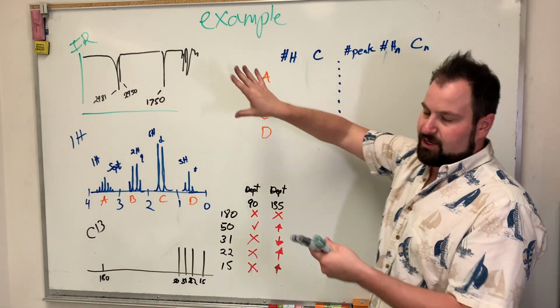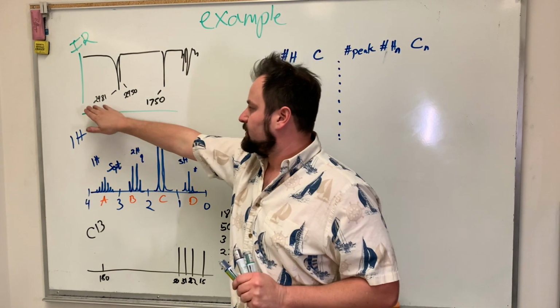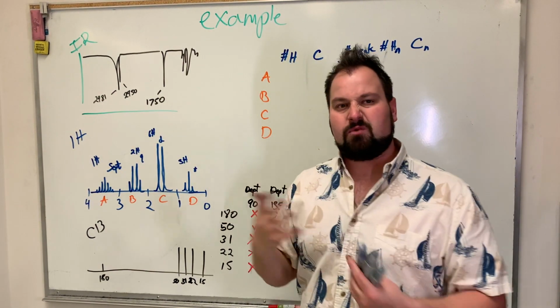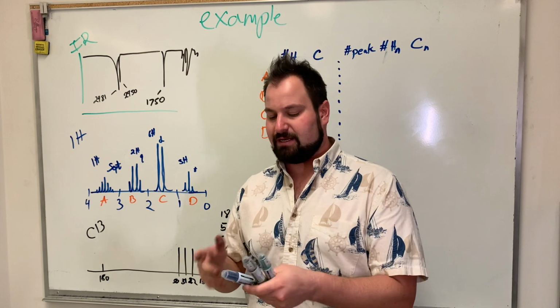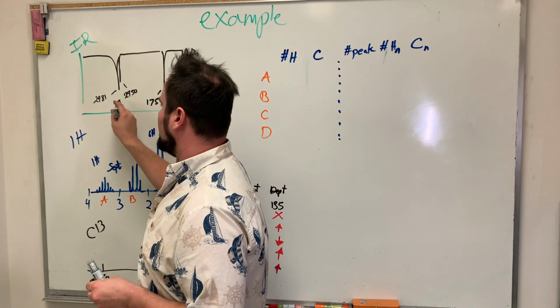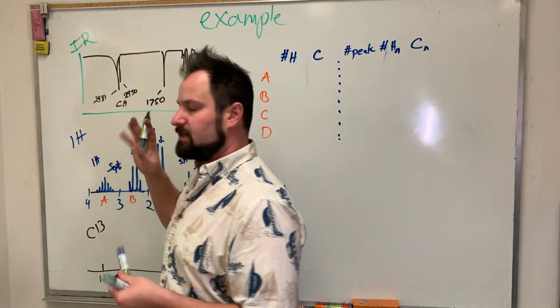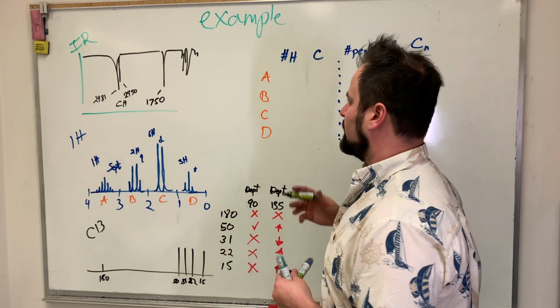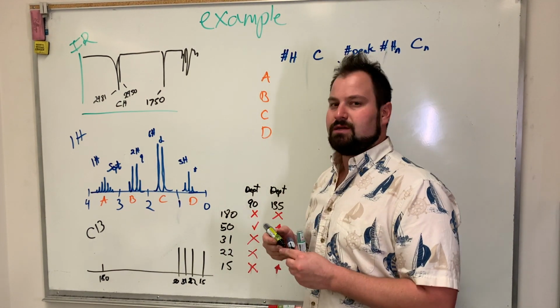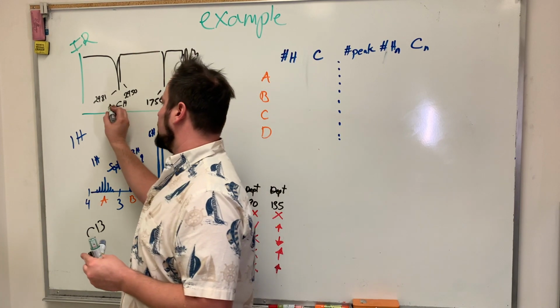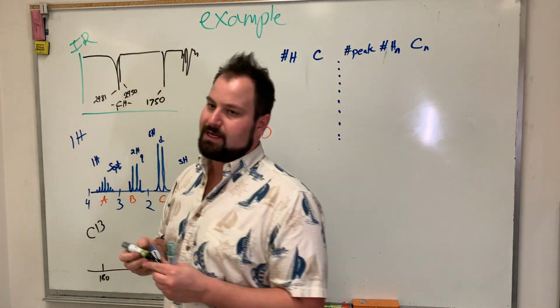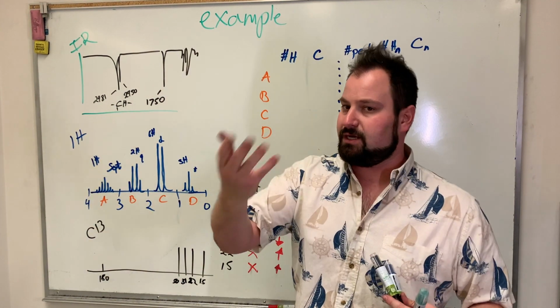Now, starting with the IR, quick, brief things. We see two peaks somewhere below 3,000, that means we're probably looking at CHs. There's some kind of single bonded. Now that could be CH, CH2, CH3.